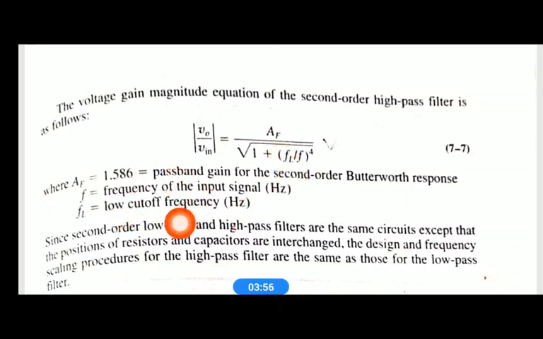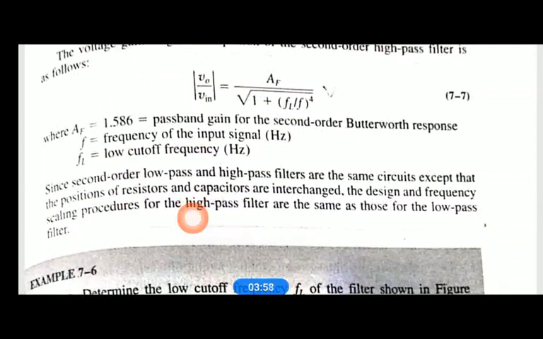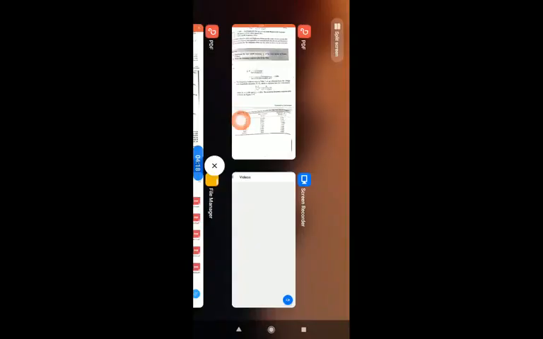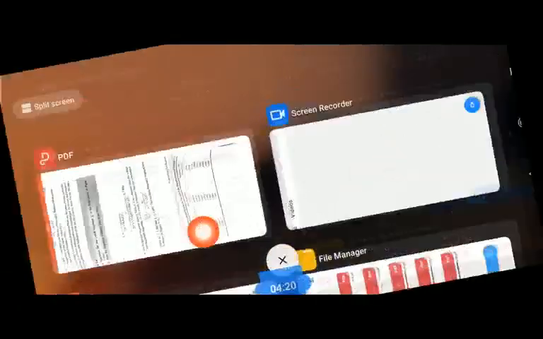To design this second order filter, here also we are applying the same rule of design which we utilize for designing the second order low pass filter. We discussed that, so once again we'll see what things we need to do to design a second order high pass filter.